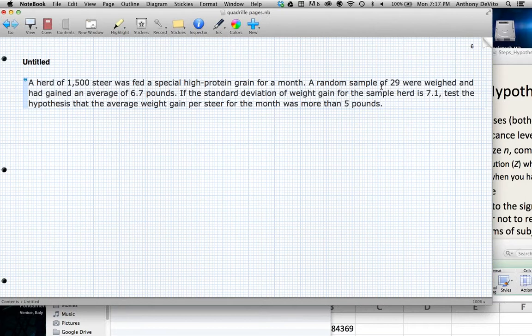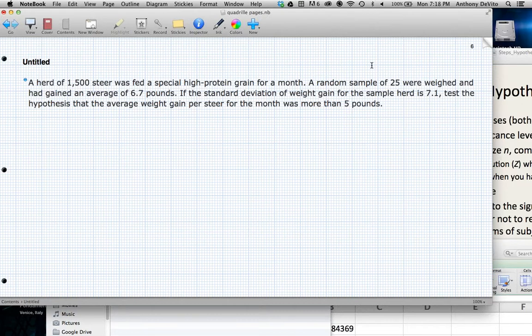At least in our preliminary analysis, we might use the z-table anyway. I'm going to make this sample size 25 instead of 29 to remove any doubt. With a sample size of 25 and not knowing the population standard deviation, should I use the z-score or the t-score?